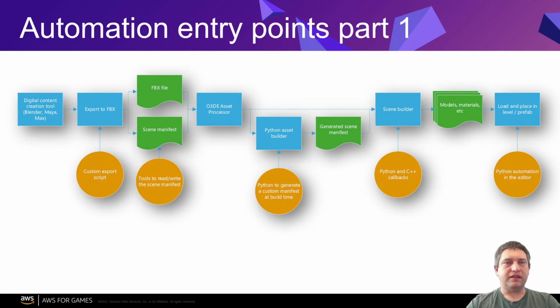Then the asset processor picks that file, newly modified file or new file, as well as the scene manifest, has any pre-scene builders run on it, like the Python Asset Builder. And then the scene builder itself processes it, creates the product assets for the editor, and then finally, content creators load up the editor and place the content into it in prefabs or in other ways.